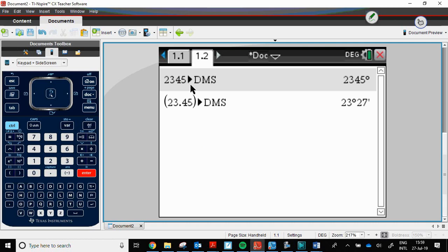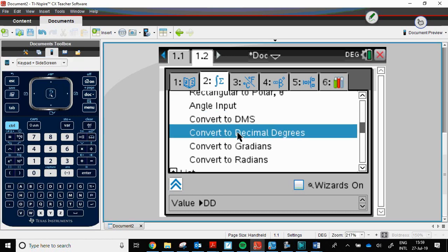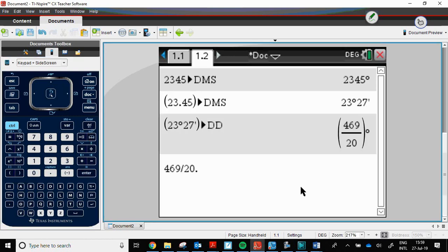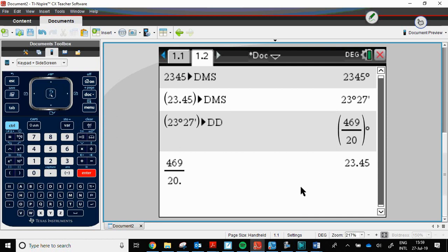Okay, cool. If we wanted to go the other way around, well, we'd type this in, and then we could go right here and then convert to decimal degrees, and we get 469 over 20, which is, of course, equal to 23.45. How would we type this in, though? Where can we get this degree symbol and then this minute symbol from?